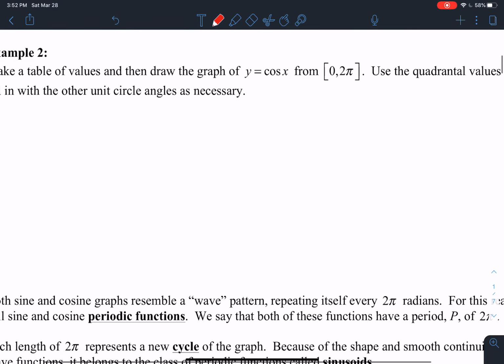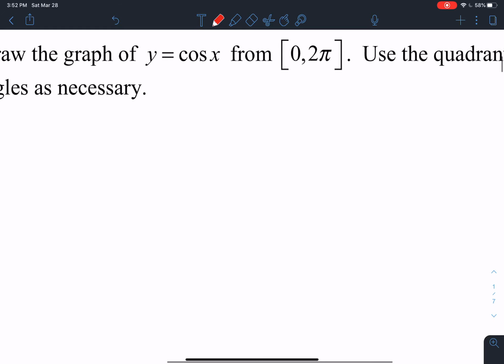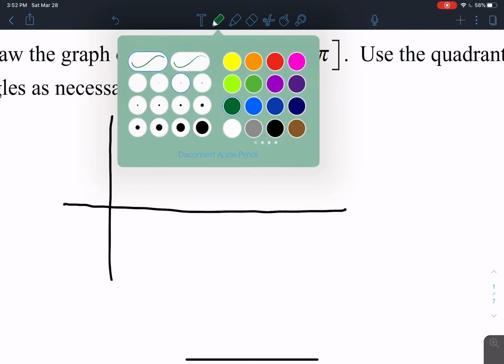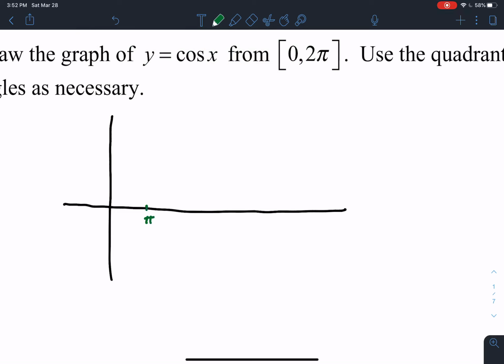Okay, so we're going to do the same thing for cosine. I'm going to start at 0, and I'm going to do the axis angles again, just because they're easy.